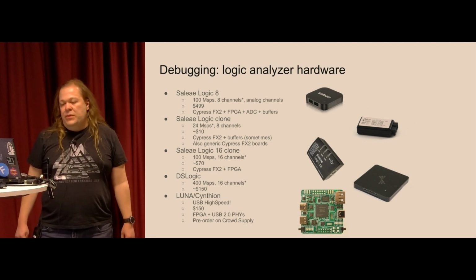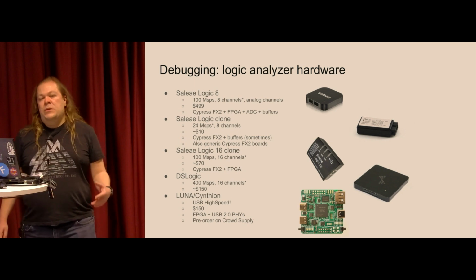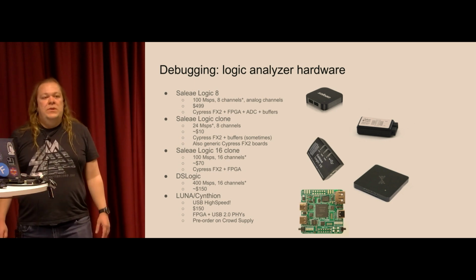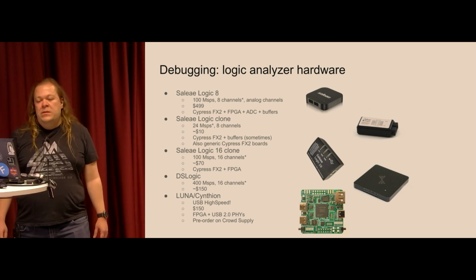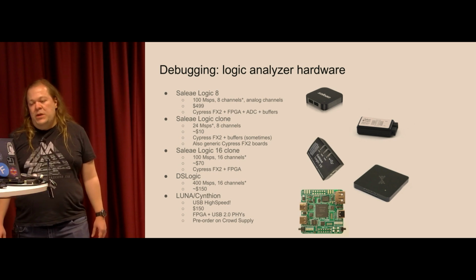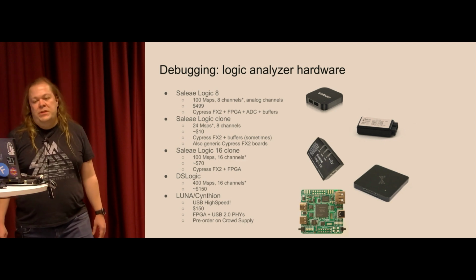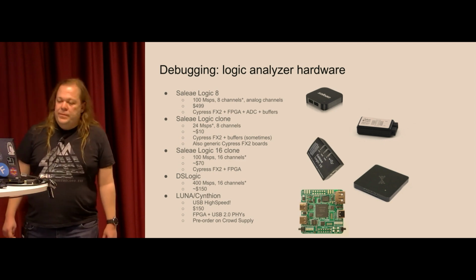But this device is, so it is basically based on FPGA plus USB high-speed PHYs. And it has 4 USBs. I'm not sure if you are able to use all 4, but still for analysis purposes, 3 should be enough.